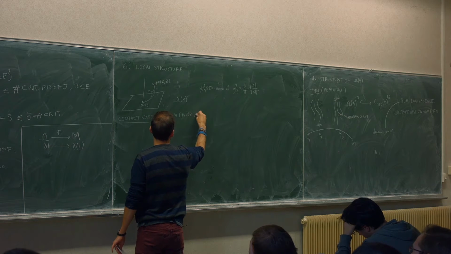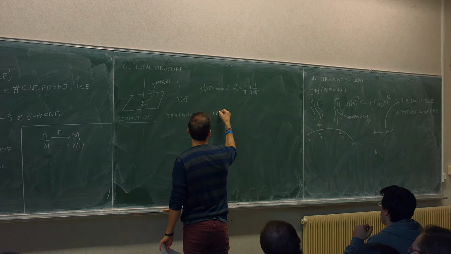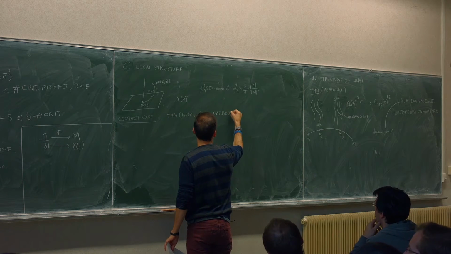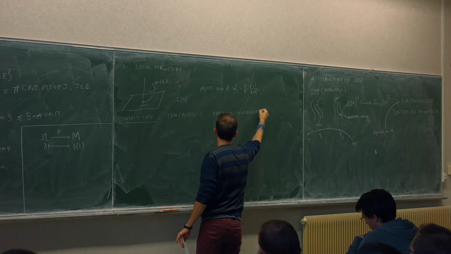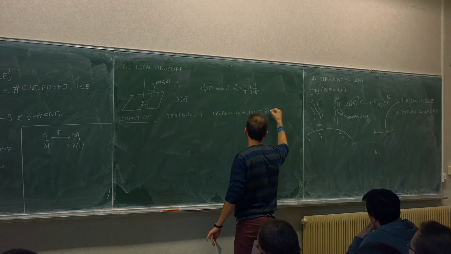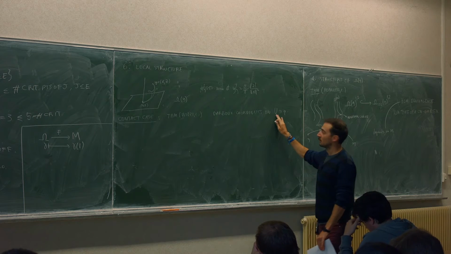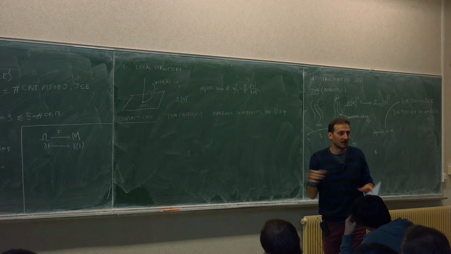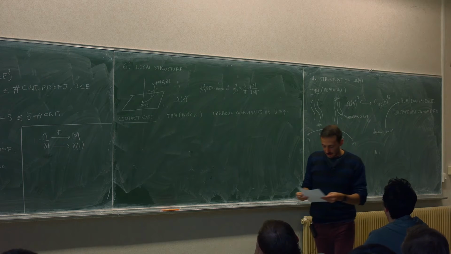So if we take Darboux coordinates, so we are in a contact manifold with Darboux coordinates on a neighborhood U of a point. So no topology, because this neighborhood we can take contractible, so the horizontal space is contractible.